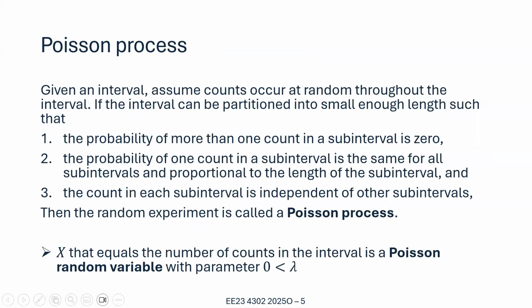For the Poisson process, given an interval, we assume that counts occur at random throughout the interval.